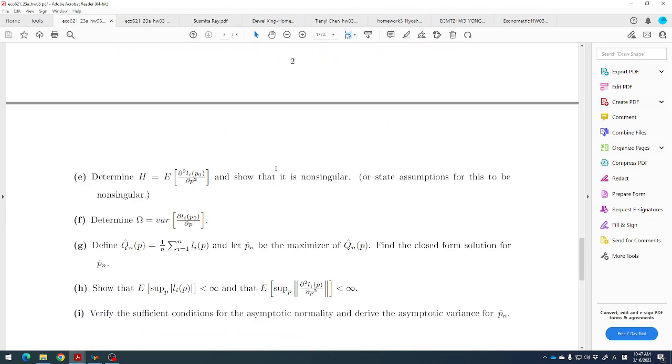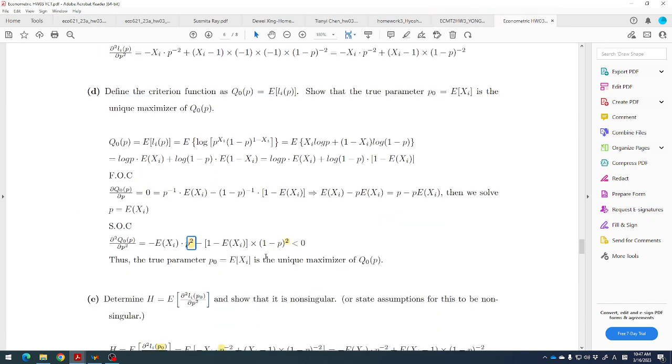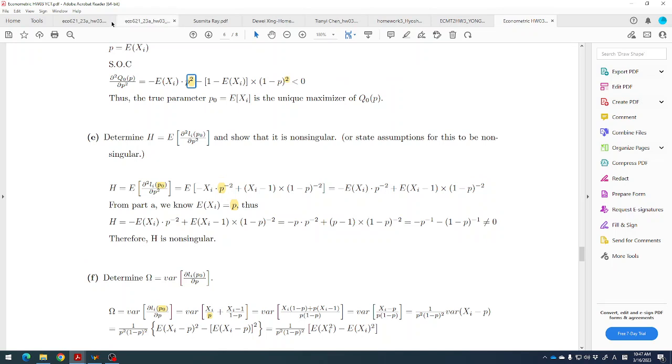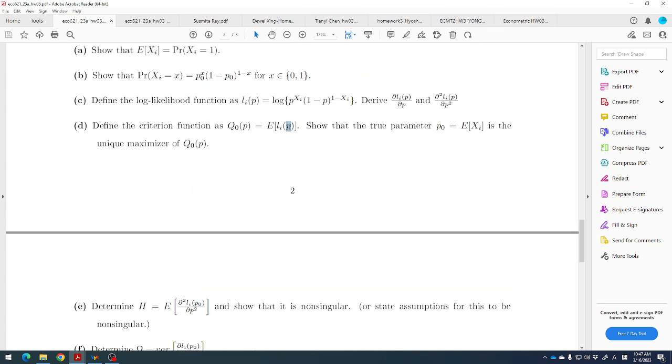Next, determine the Hessian matrix and variance matrix. Let's see. It's like here again. Now another tricky part is now I specify P0. Now we are considering a specific point of P, so it is different from these.